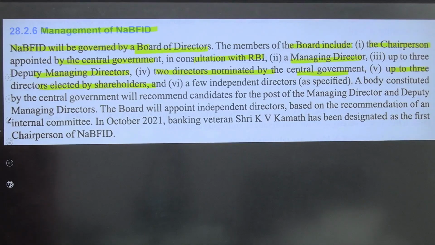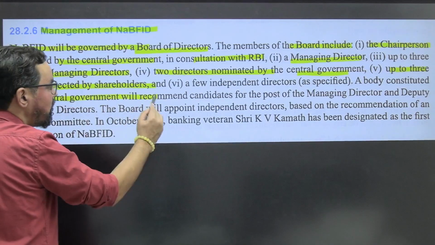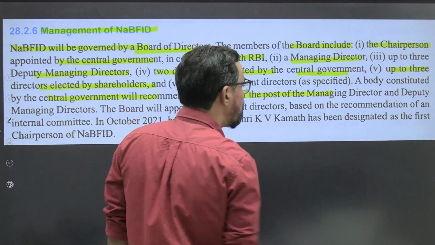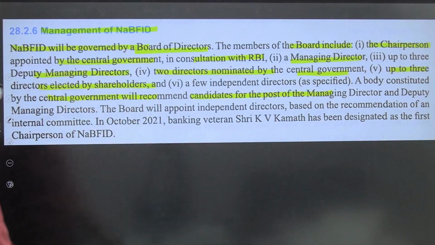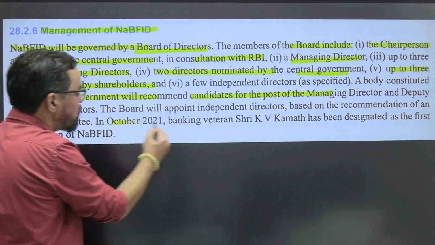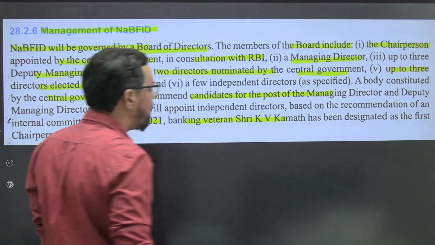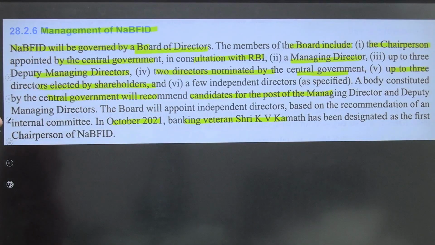A body constituted by the central government will recommend candidates for the posts of managing director and deputy managing director. The board will appoint independent directors based on the recommendation of an internal committee. In October 2021, banking veteran Sri K.V. Kamath was appointed as the first chairman of NaBFID itself.